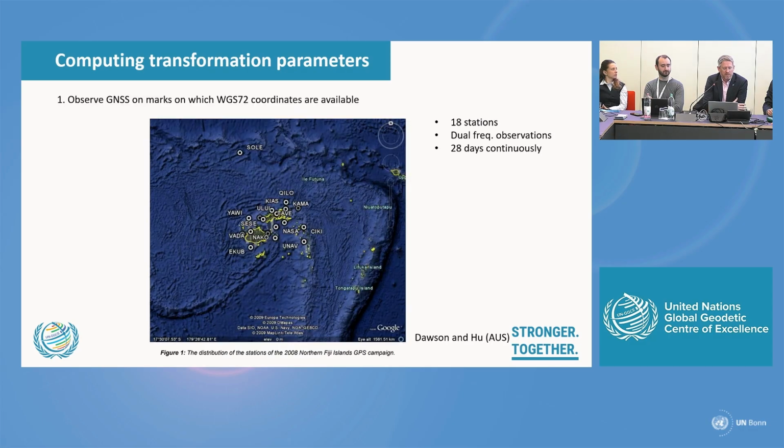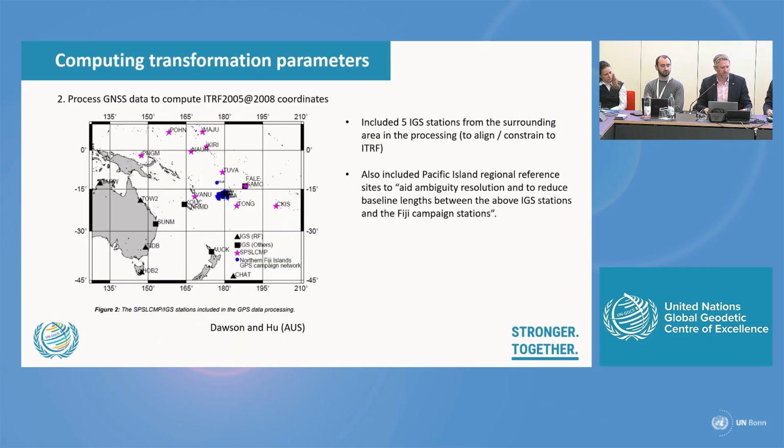So here are the steps that they were guided through by John and Gurung in Australia. The first thing they had to do was observe GNSS marks for which WGS72 coordinates were available. So they had the coordinates already in WGS72; they needed to know what they were in ITRF. There were 18 stations. They took dual frequency observations for 28 days continuously around these different sites around Fiji.